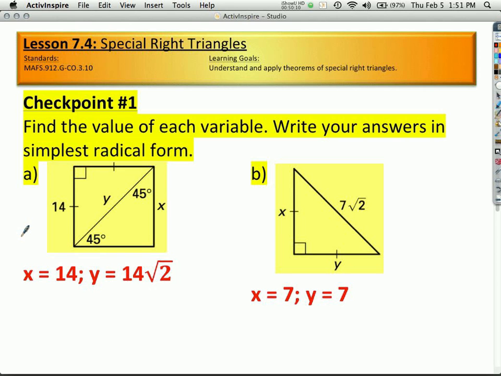Angle side angle. Okay, come on. I did 14 radical 2 over radical 2 and multiply both top and bottom by radical 2. I got 28 over 2. Okay. Good. So we got a lot of different explanations. What if I did this?